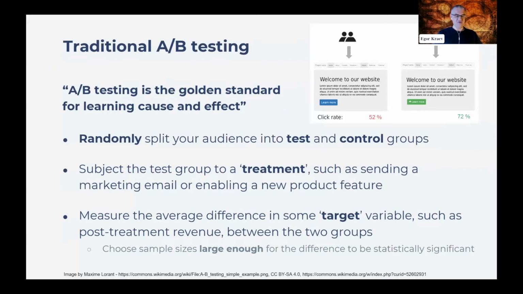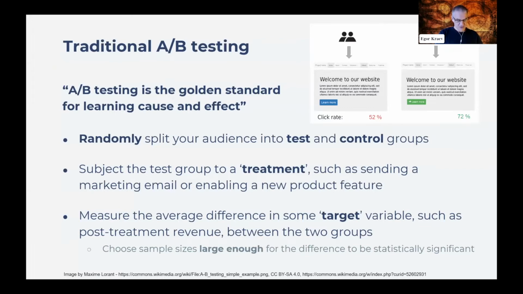You first randomly split your audience into test and control groups. Or maybe if you have multiple options for the new thing, you have one control group and multiple test groups. You subject the test group to a treatment, such as a different UI shape, marketing email, and so on.